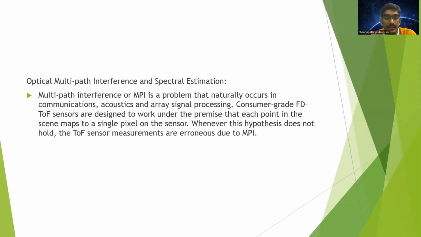Consumer grade TOF sensors are designed to work under the premise that each point in the scene maps to a single pixel on the sensor. Whenever this hypothesis does not hold, the TOF sensor measurements are erroneous due to MPI.